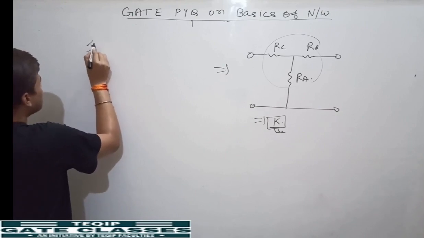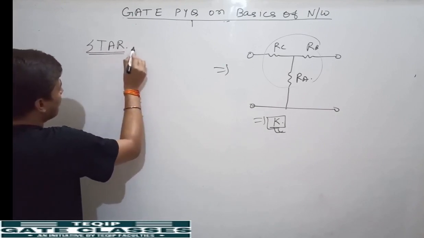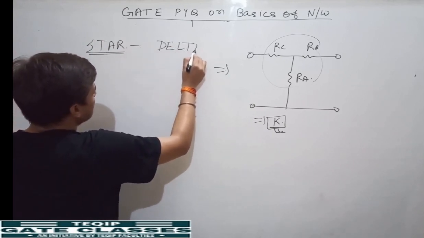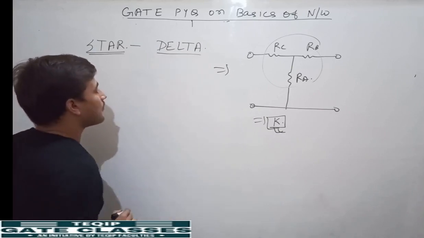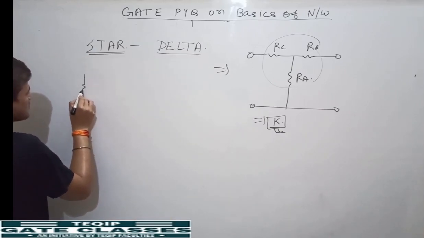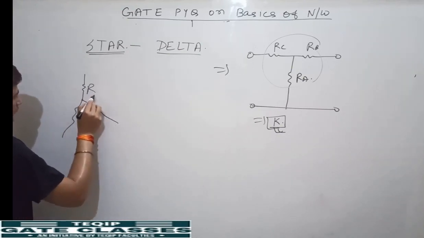If you have resistances in star and resistances in delta, suppose you have equal resistances R in star.